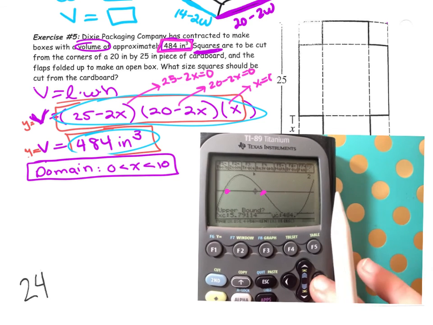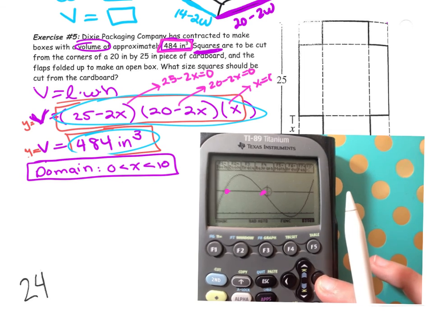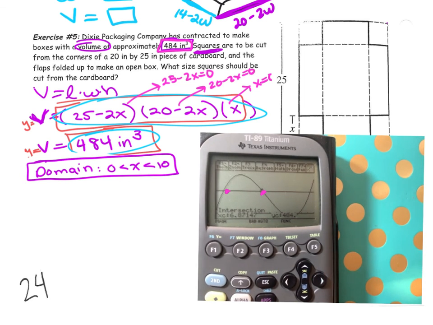Then move right. Click enter. And there we have it. There's one of the intersection points. So look, there's that volume at 484, and here's one of the potential values for x. So x can potentially be 6.87147, and let's check what the other x value is.